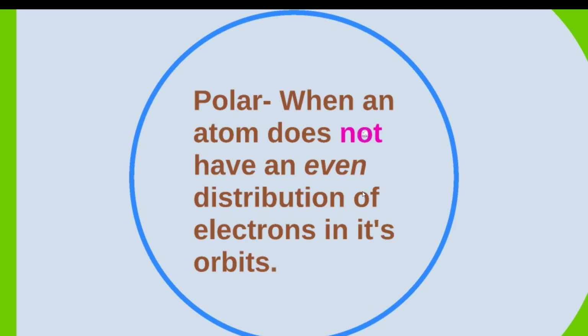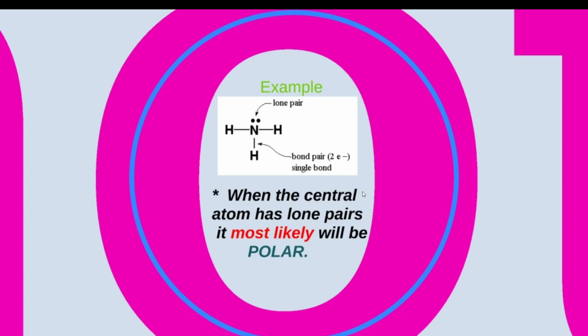Okay? So for instance, for this ammonia right here, it has this lone pair here, and it is polar because of this, because it has this one odd set of electrons that are all by itself right over here. Okay?